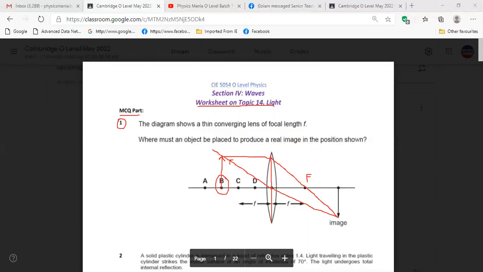Let me know once you're done with drawing. Done, sir. Done, sir. Farabi? Done. Okay, very good. What about Mahi?